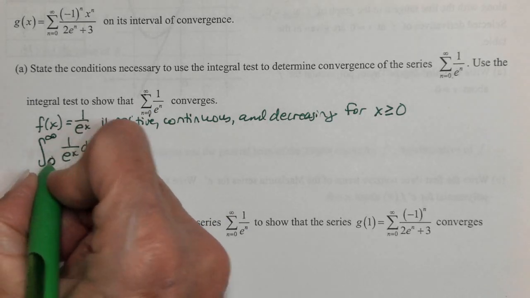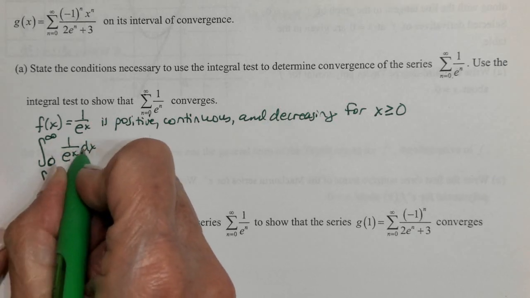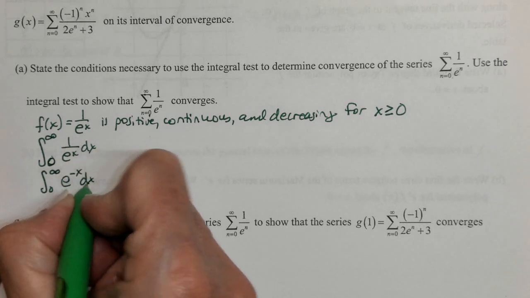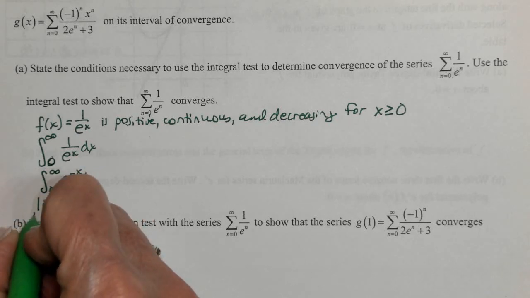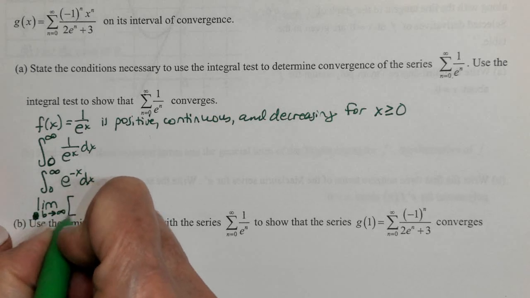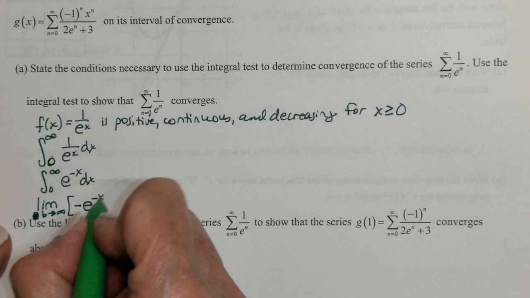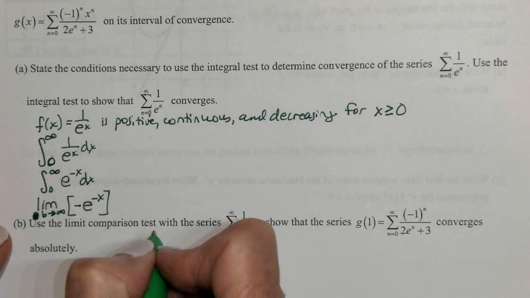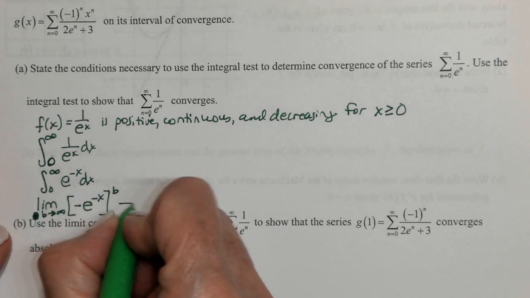So in class I'll ask you how to integrate that, and some bright person will tell me move the e to the top and give it a negative power, and now the antiderivative of that is negative e to the negative x, because if we take the derivative of this, we get that. From 0 to b.